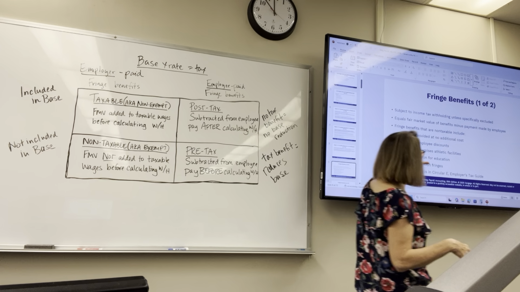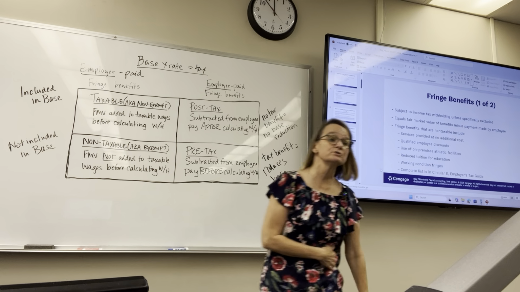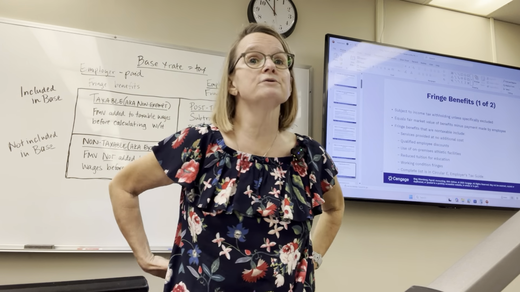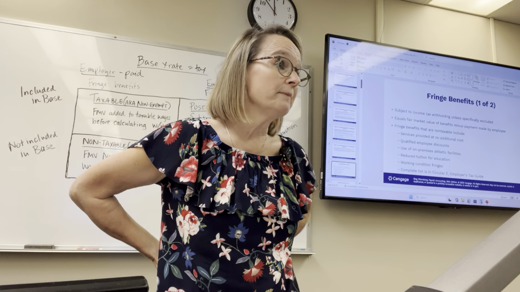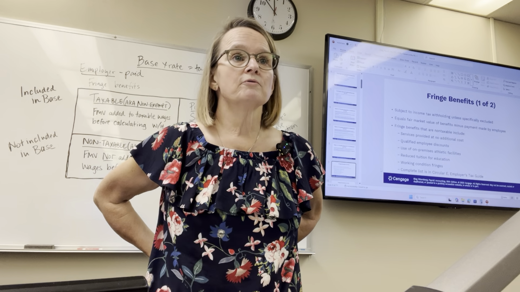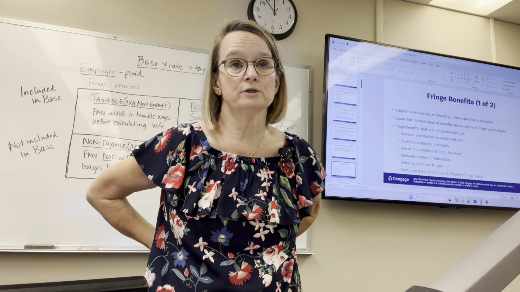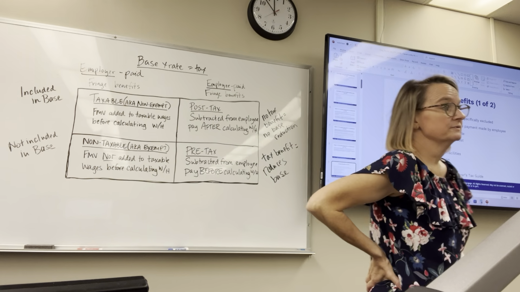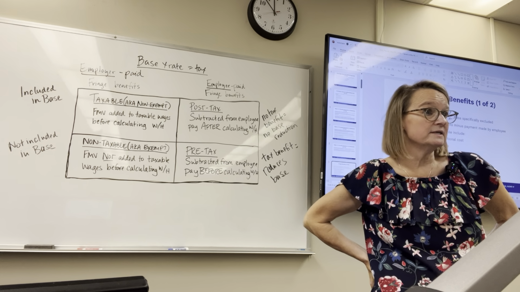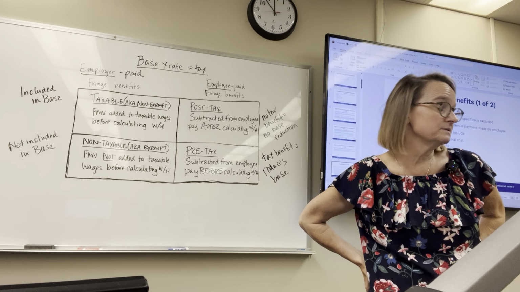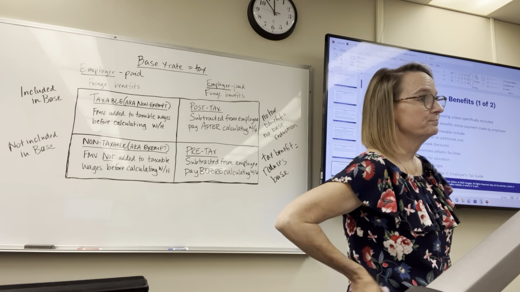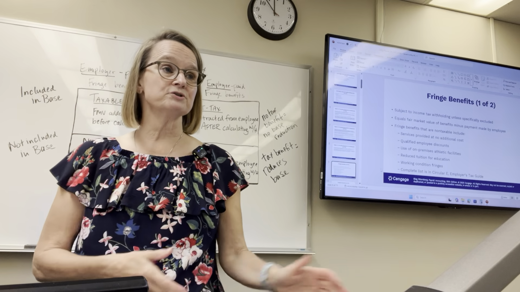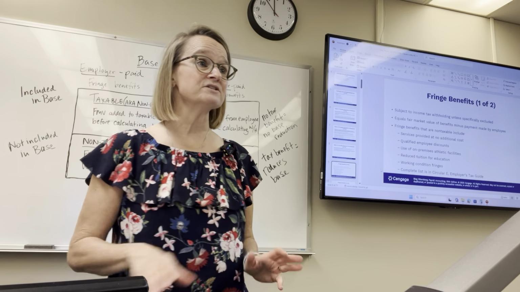So those are on-premises athletic facilities. Reduced tuition for education. Employers can pay up to $5,250 a year on behalf of their employees to attend higher education courses. A lot of employers provide this, the bigger employers, to help employees enhance their skills, or maybe you've got a bachelor's degree and they want you to get a master's degree.